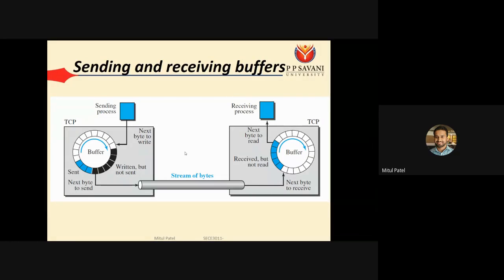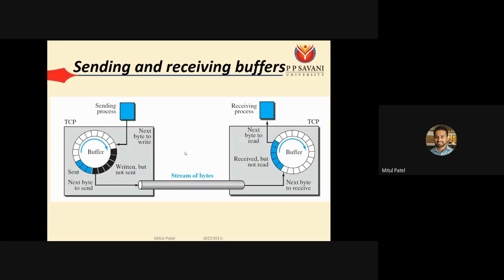In real time, a buffer can be hundreds or thousands of bytes and can store hundreds of packets at a time. But here we will assume a small buffer, both at the sending side and receiving side, whose capacity is only 20 bytes.